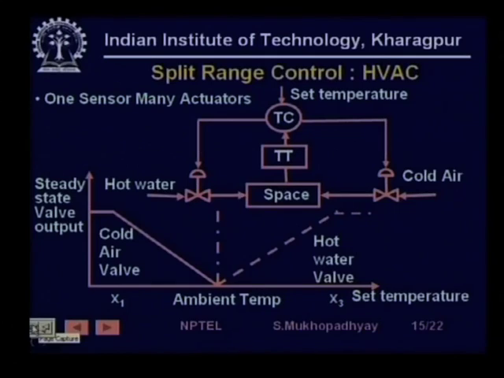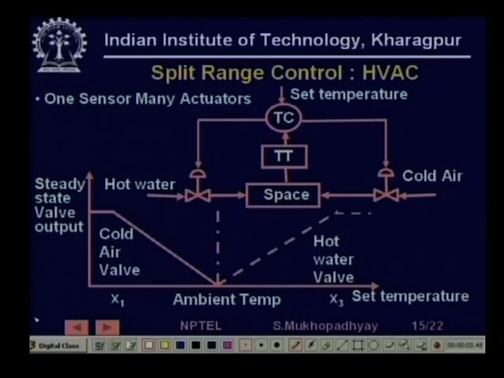So you see that typically, this is the ambient temperature point, and if the set temperature is above it, then as the error increases, the hot water valve gradually gets opened. So, the overall control input to the process, which changes its temperature, in this temperature range will gradually rise and then finally will become stable.